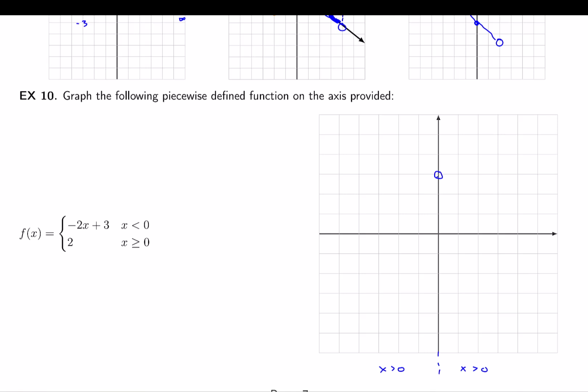Rise over run would be a rise of negative 2, which would be down 2, and then a run of 1, which will put me over here, which is actually outside of that domain. You can reverse this, and that's what I was trying to do in my head, and I did it backwards, I'm sorry. So you can think of this rise over run as negative 2 over 1, or as 2 over negative 1, which means you go up 2 and back 1. And that gives you a couple of points that exist over here on this side of the line, which is what we want.